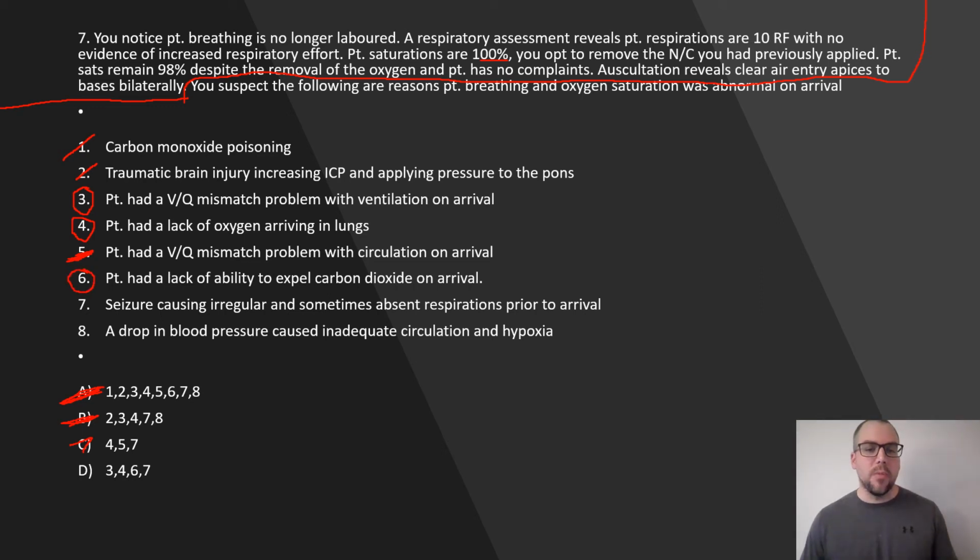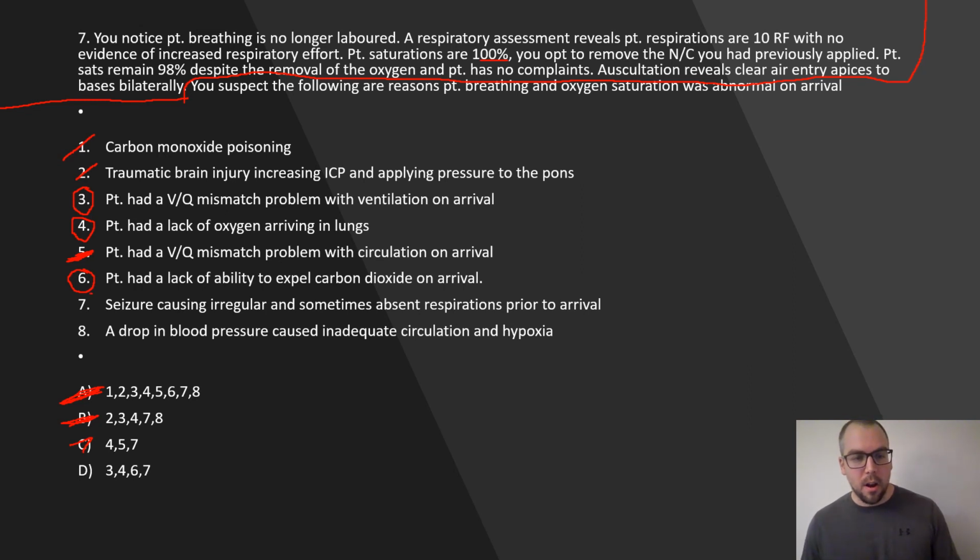Seizure causing irregular and sometimes absent respirations prior to arrival. Now we do know enough about this guy to suppose that, to the best of our knowledge, the reason he was unconscious when we arrived was he was postictal from a seizure. And if he was postictal from a seizure, then it stands to reason that during that seizure, he was not breathing appropriately. And that would have absolutely contributed to the low SATs with all these other factors that we noticed when we first arrived.